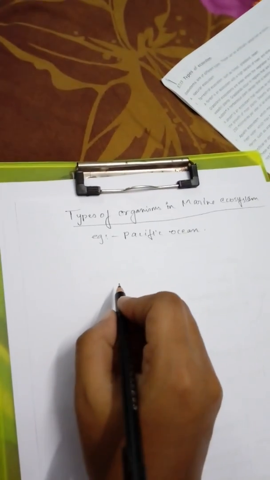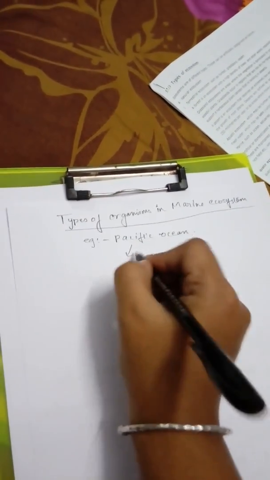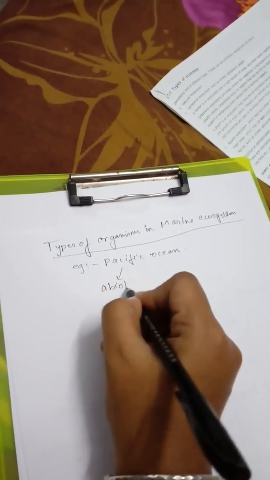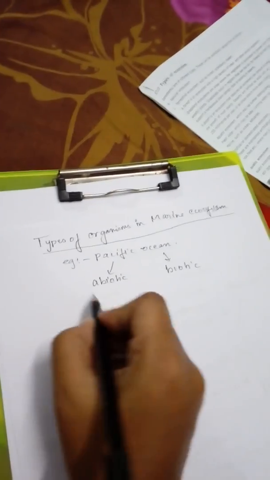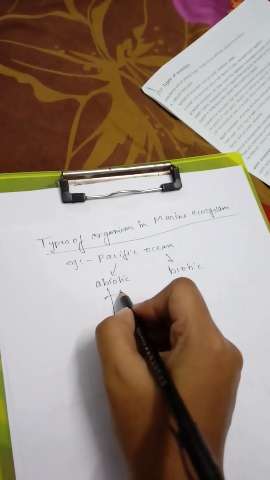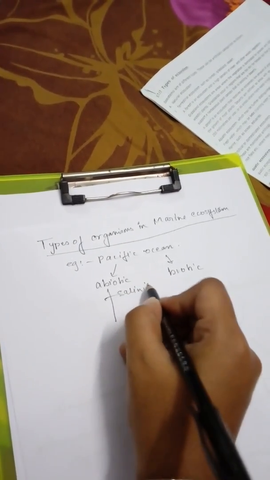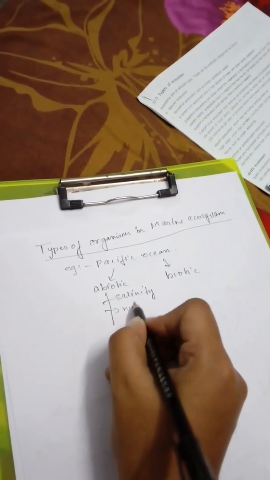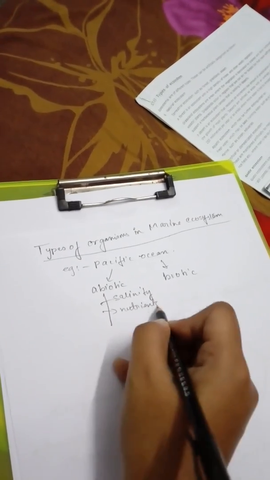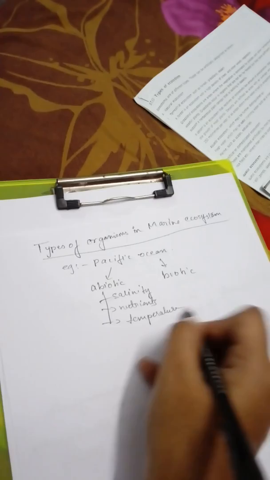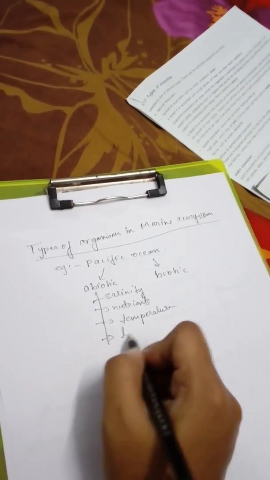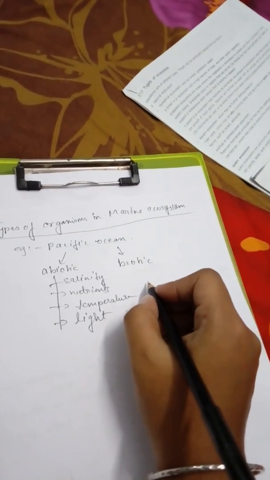Now, abiotic components and biotic components are there. Abiotic components include salinity, nutrients, temperature, and light. After that, biotic.